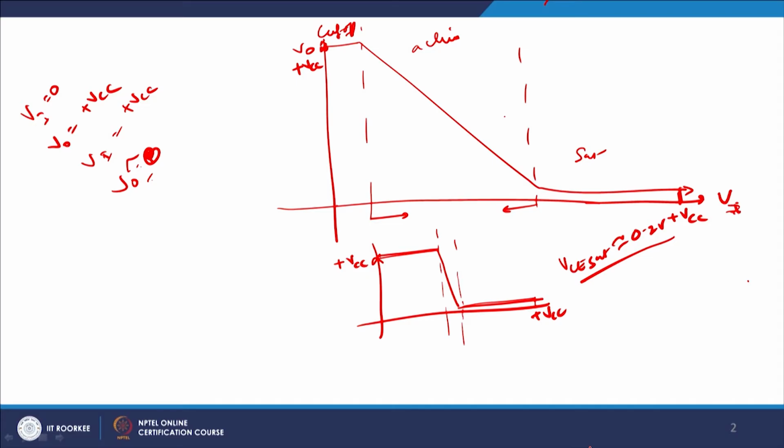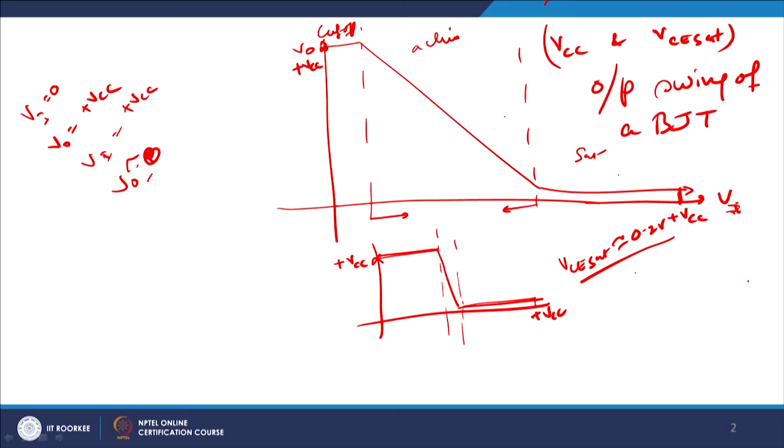So the swing is restricted between VCC and VCE sat. This is the output swing of a bipolar junction transistor. This is what we have learned here.